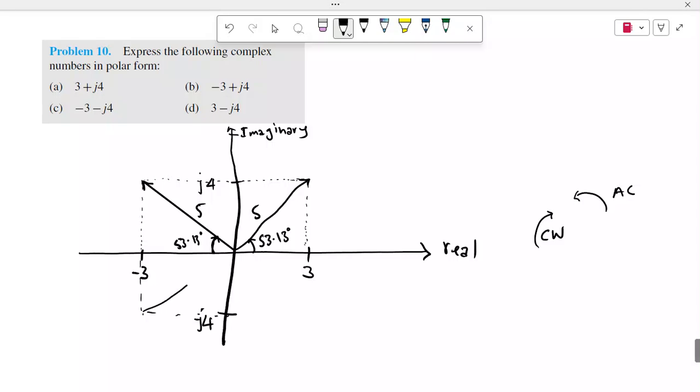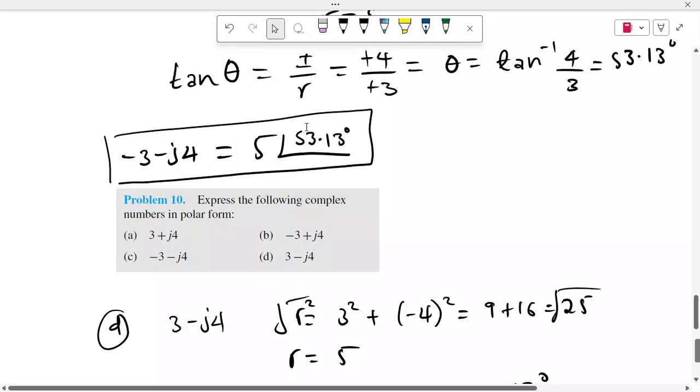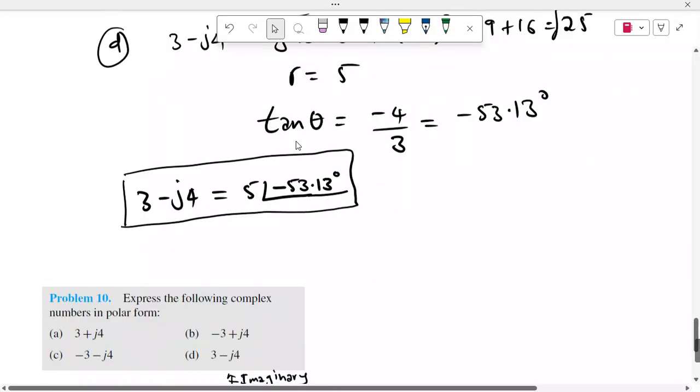It has an angle here, and this angle is positive. See, the angle is positive 53.